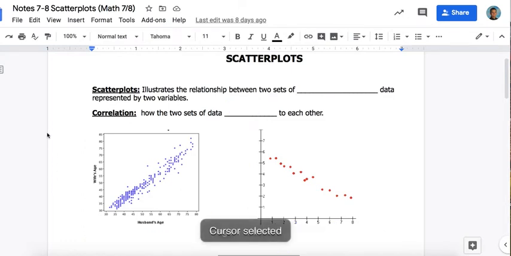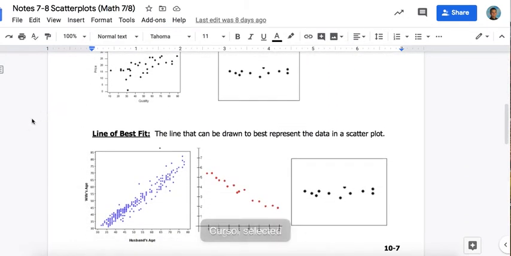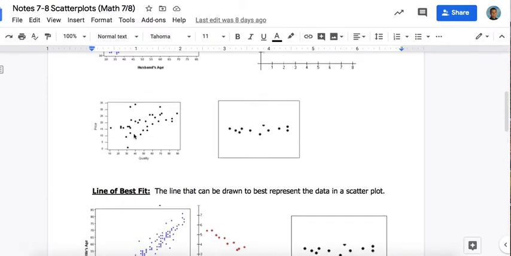Okay, so let's move right along here. Now here we have the price of a product and the quality of a product. As you look here, you can't see any sort of relationship. So we call this no correlation.